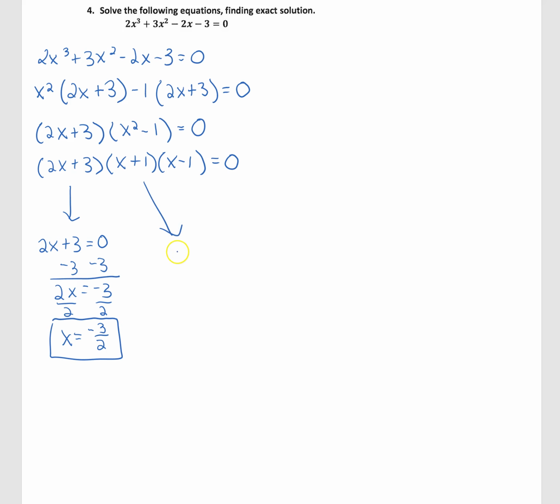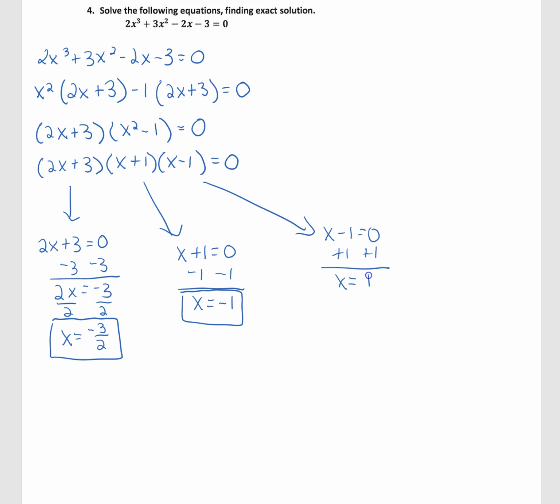We have to take these two into account, so x plus 1 could be equal to 0, which means that x is equal to -1 is another solution. For this last term, we have x minus 1 is equal to 0, which means that x equals 1 is another possible solution. So x is equal to -3 over 2, x is equal to -1, or x is equal to 1 are the three solutions to this first equation in question 4.